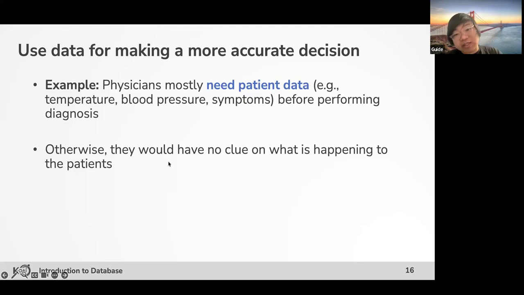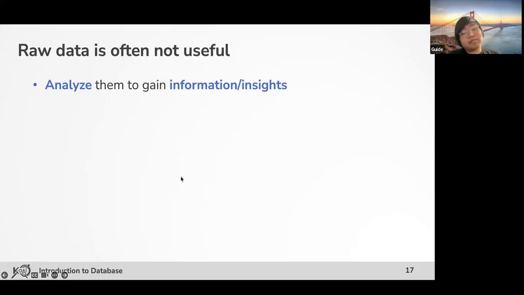Even though you don't use it, you still need to keep data, right? So you need to have some data on hand. But I would say that the main goal for having data is to make an accurate decision.